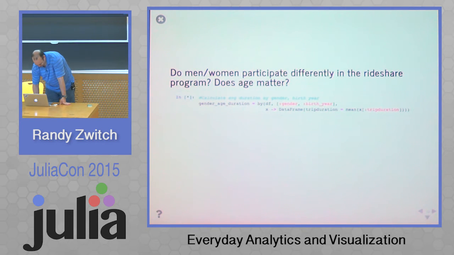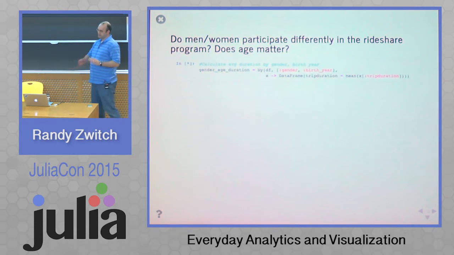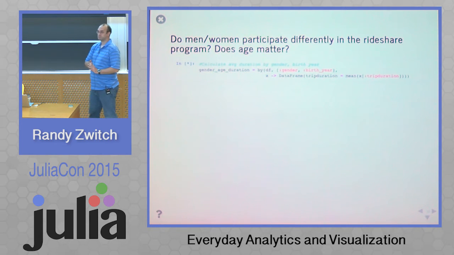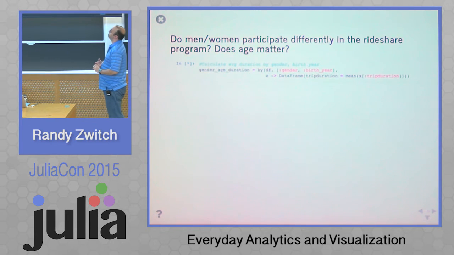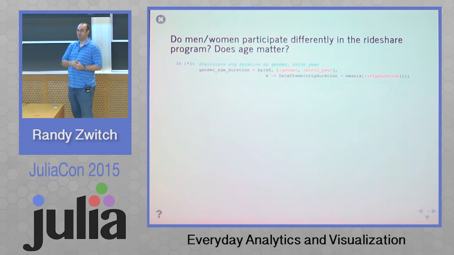But again, we can go ahead and use the by function on our data frame. In this case, we'll do it by gender and birth year. Hopefully it won't take too long, because again, trip duration is an integer, so we should be able to do this pretty fast.